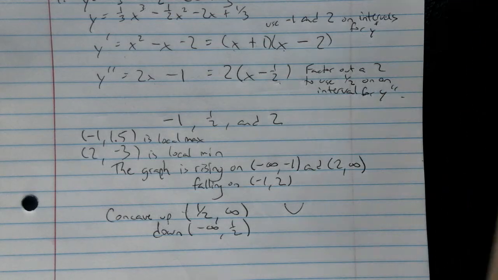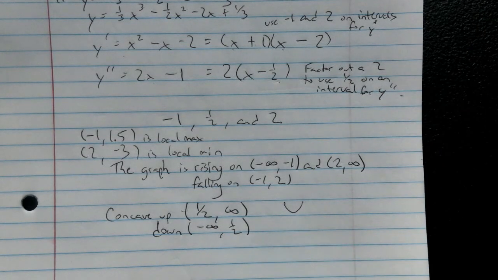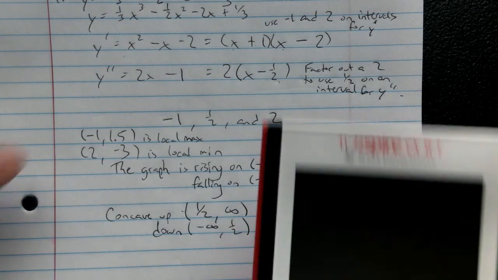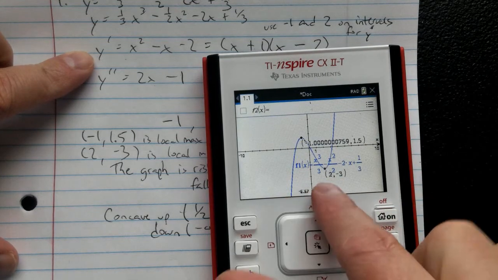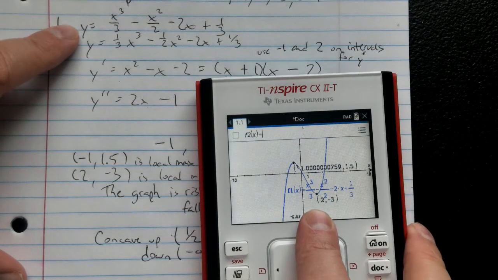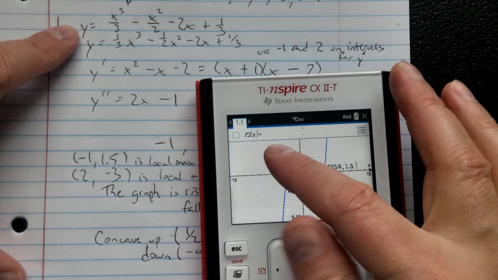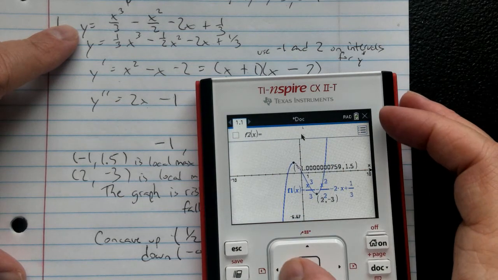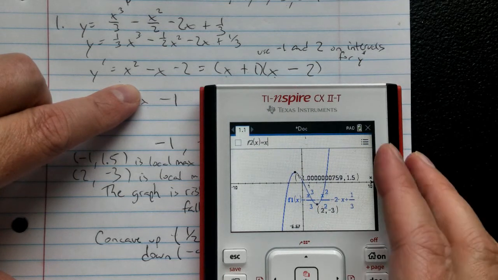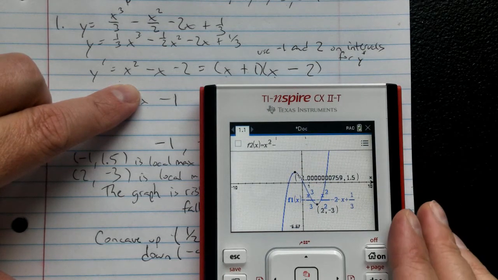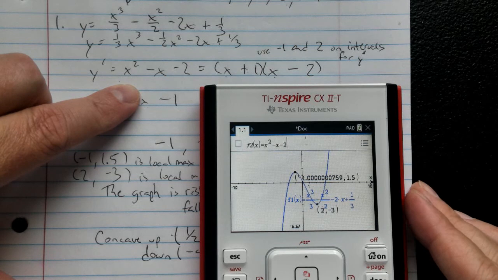Okay, so now going back to ours, to make sense of this, we had our original function, which was in the book. That was the original y. And then for f2, this is our derivative function, which is x squared minus x minus 2.